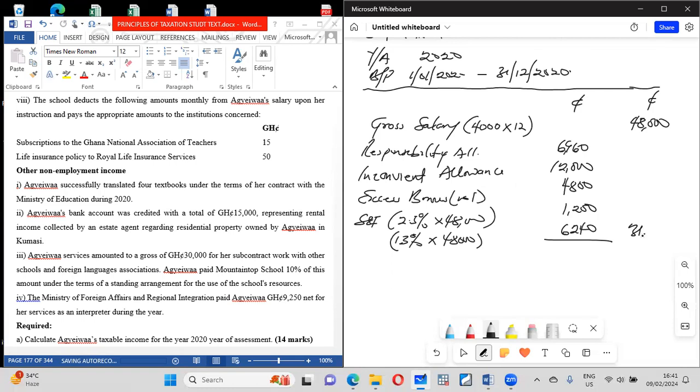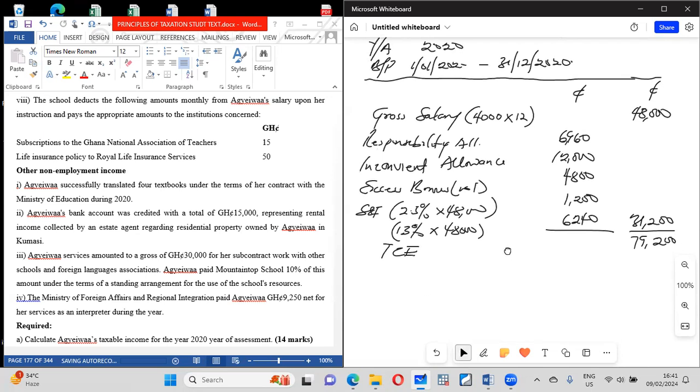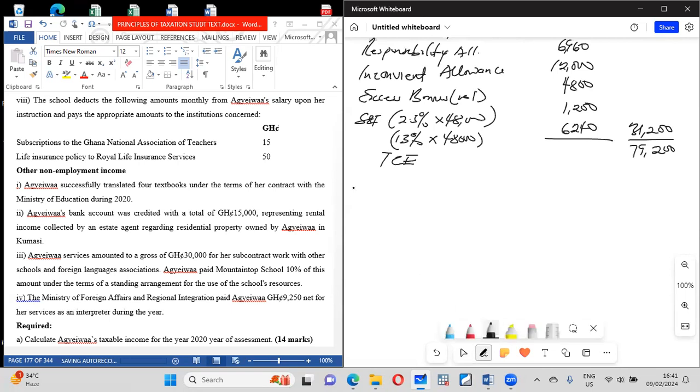So that is that. So I have my total cash emolument of, if I add this, 79,200. All right. So that is that. I have my cash emolument, all the cash things. Then the benefits in kind, we had accommodation and we had vehicle, right?